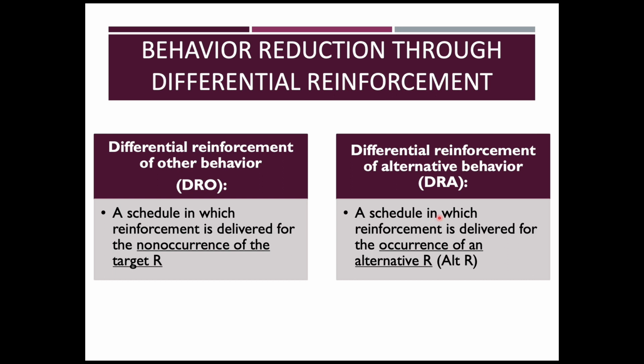It would be a ratio-based schedule. That is, when the alternative response occurs, we deliver reinforcement. So it's not time-based as it is with the DRO. It's typically ratio-based, and that is based on the occurrence of the alternative behavior. So the alternative behavior occurs, we deliver the reinforcer. Problem behavior occurs, we do not deliver reinforcement.